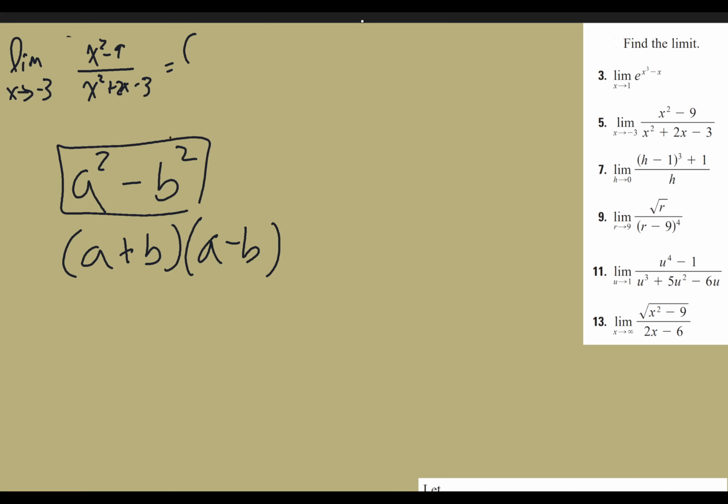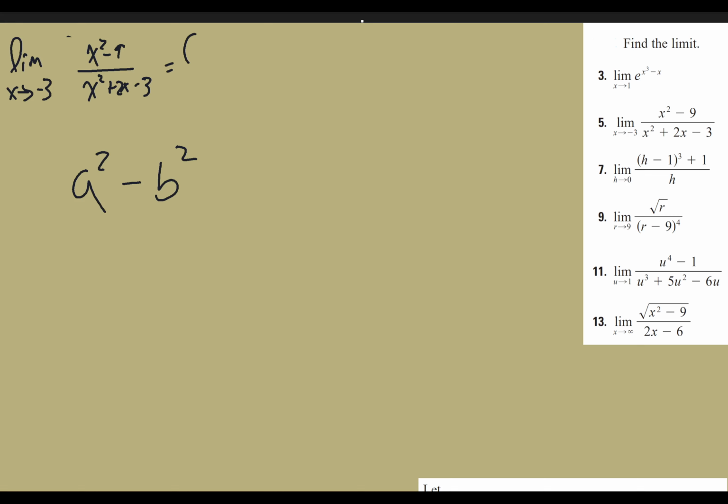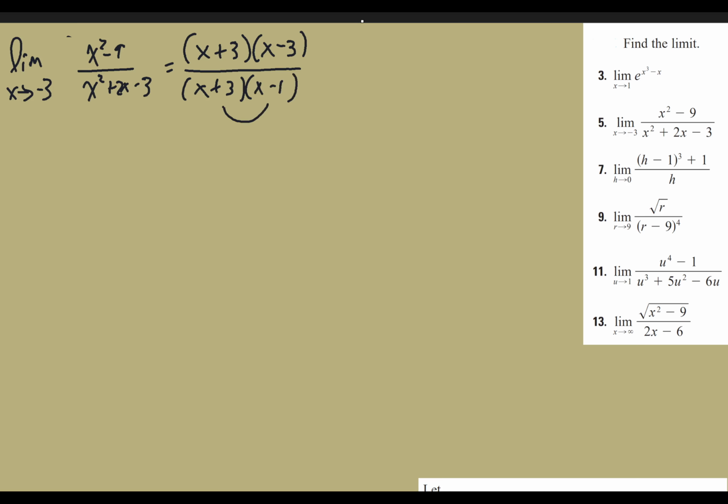So if I want to use that here, no problemo, right? We just need to write it as x plus 3, x minus 3, over, what's the bottom going to factor out to be? That looks like we have a plus 2 here, so it looks like it's going to be an x plus 3 and an x minus 1. These add up to positive 2, and they multiply to make negative 3, so that looks correct.